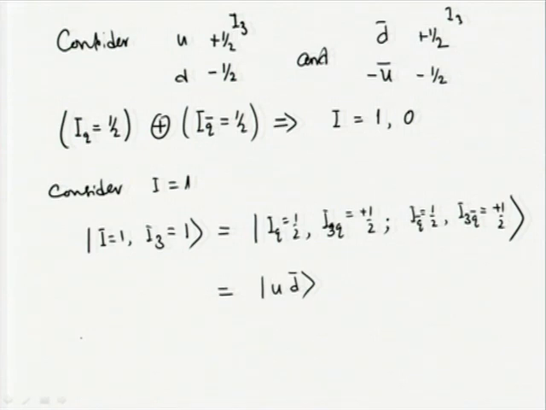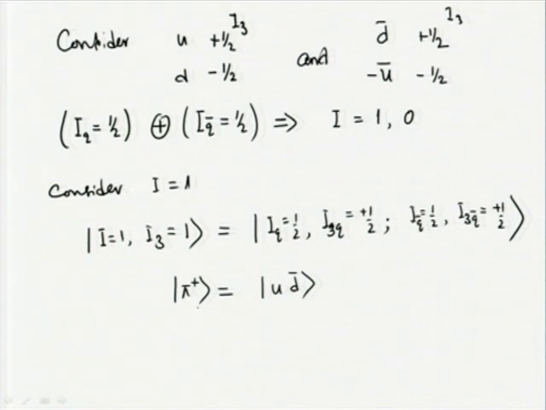Charge is equal to plus 1 because u has charge of 2 by 3 and d-bar has charge of plus 1 by 3. This can be thought of as our pion. You want to see what are the other possibilities when you combine an I_q equal to half and I_q-bar equal to half.